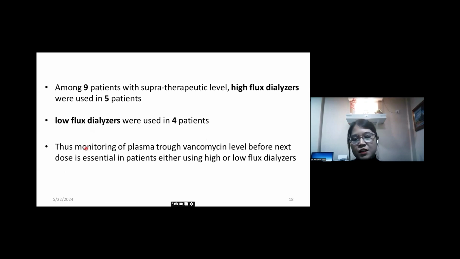The dispersions of the supratherapeutic level of C-trough level in 4 patients using low-flux dialyzers is acceptable, but that of the 5 patients using high-flux dialyzers were not acceptable. That monitoring of plasma trough concentration of vancomycin before next dose is essential in patients either using high or low-flux dialyzers.